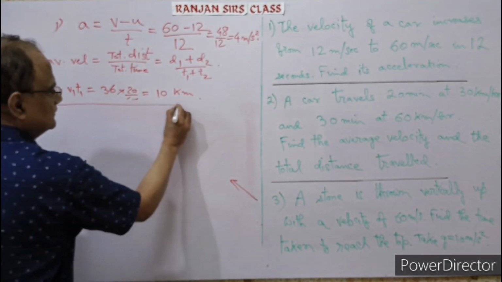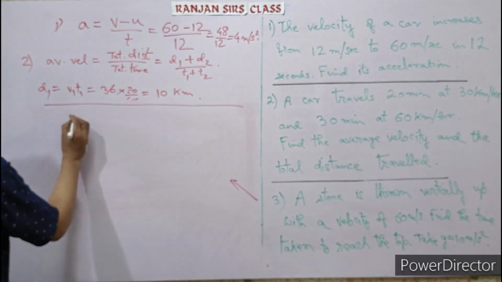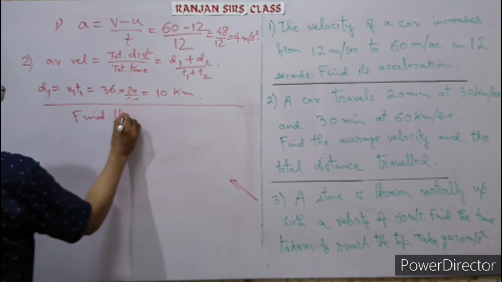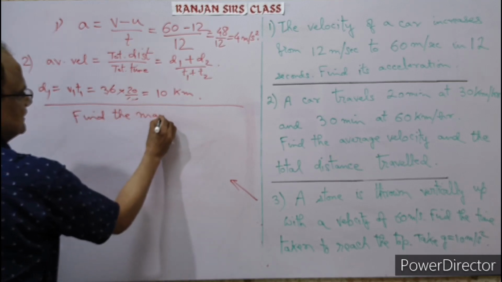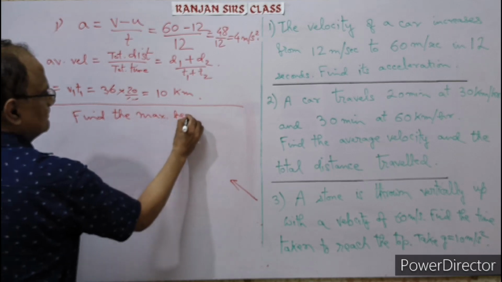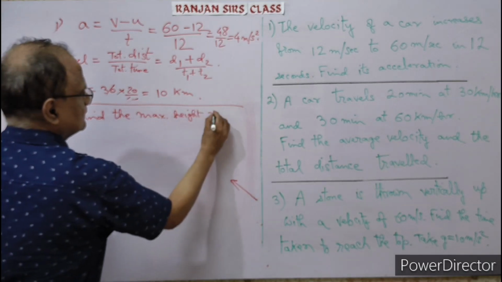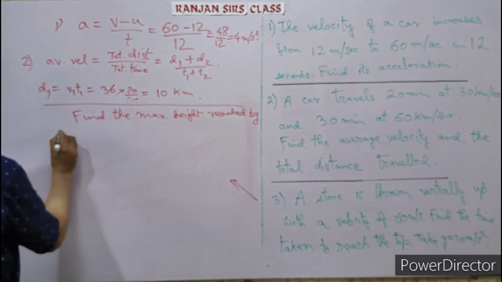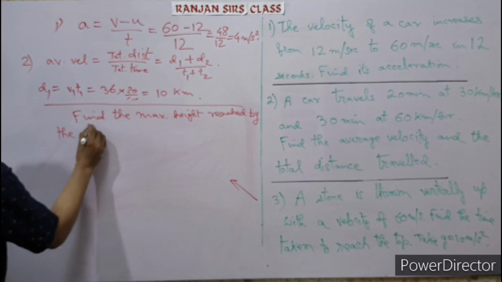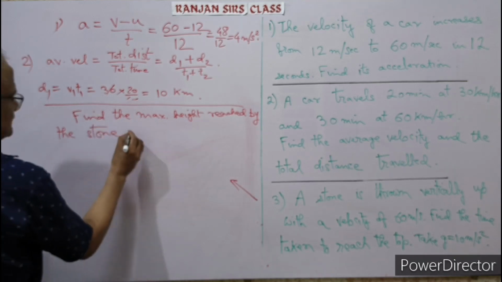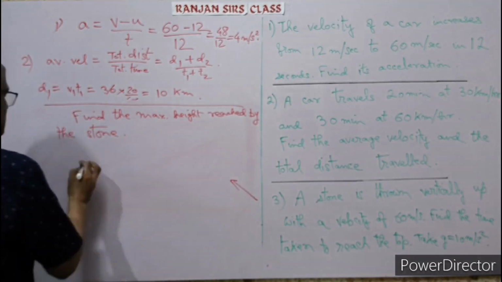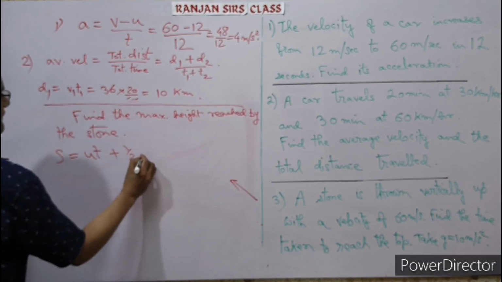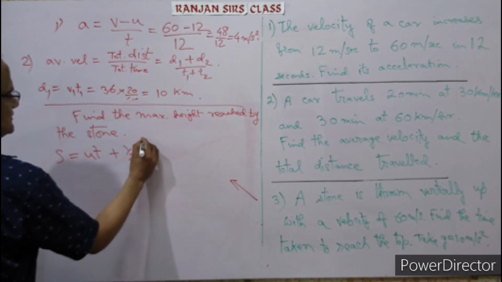Write down another part I have added to the question, that is, find the maximum height reached by the stone. For that we will use the formula S is equal to ut plus half gt square, where g is the acceleration.